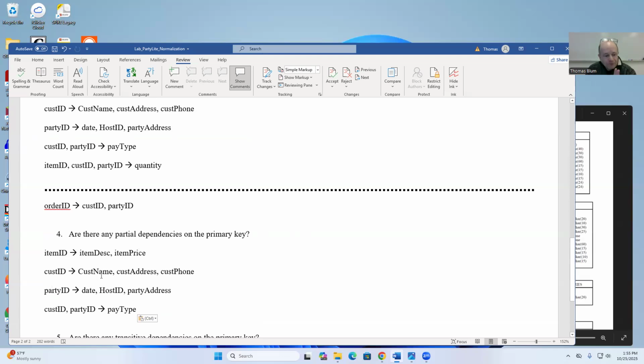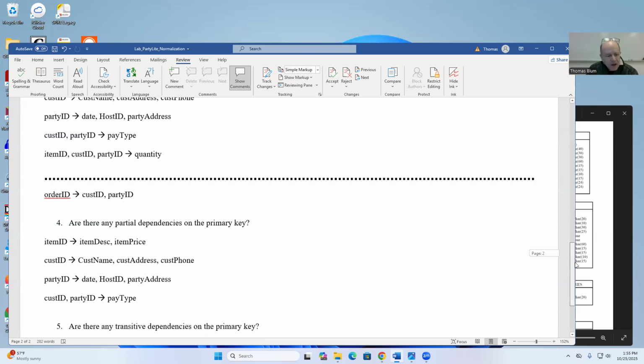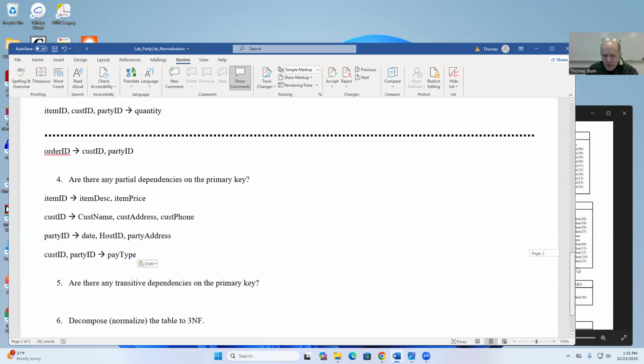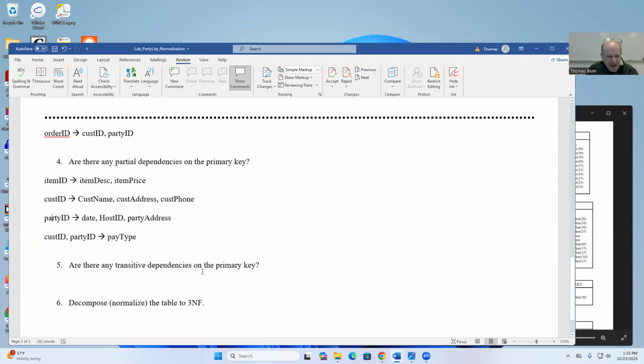These are all part of the primary key, so these are all partial functional dependencies. With the primary key we stuck with, we would say there are no transitives.